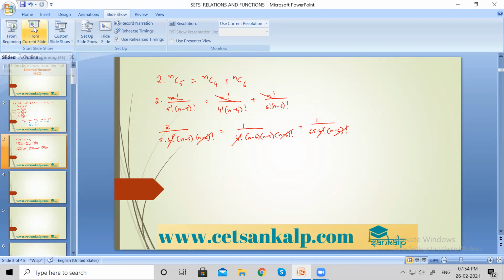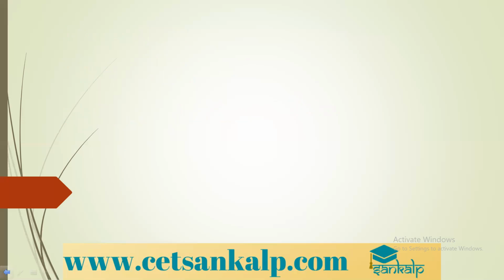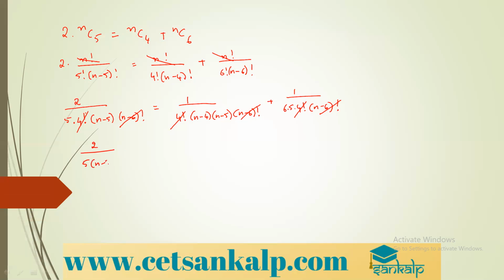So this I can write as, continuing this, 2 by 5 into (n minus 5) equal to 1 by (n minus 4) into (n minus 5) plus 1 by 6 into 5. Or I can write 2 by 5 into (n minus 5) equal to, I'll take common denominator 30 into (n minus 4) into (n minus 5).